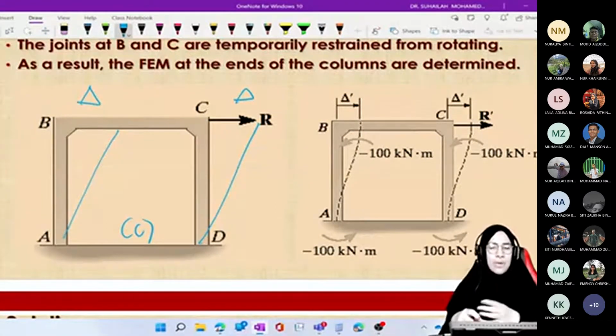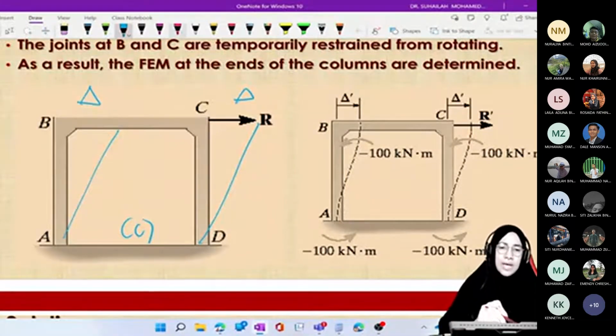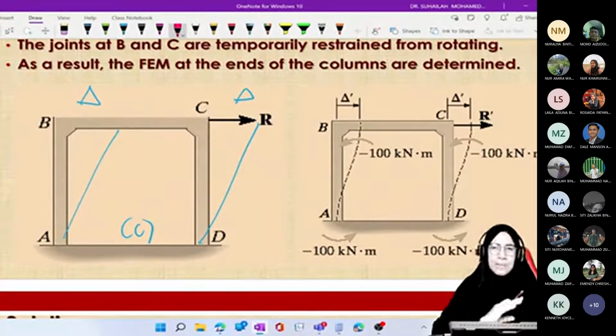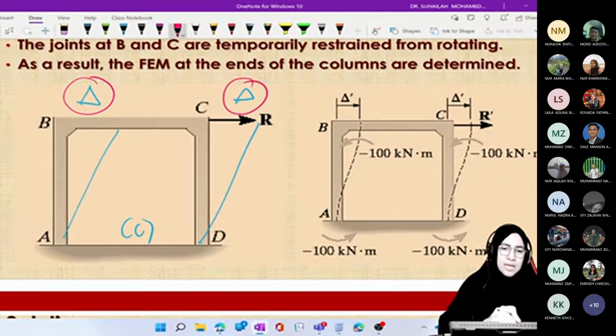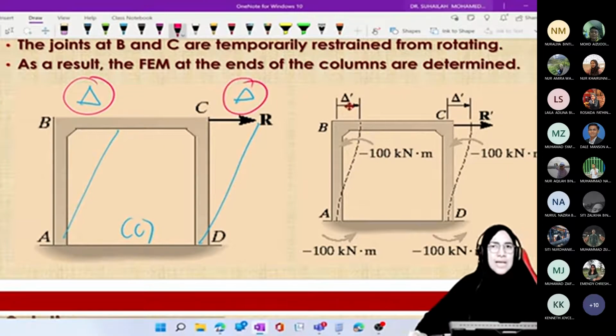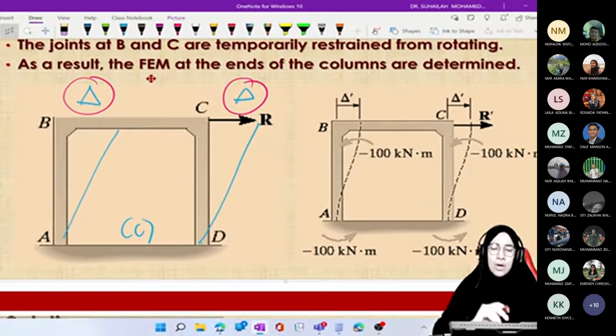Why do we have another diagram with a different label? In diagram C, this is actually the delta, and the delta is unknown. Remember I said just now, we don't need to calculate the delta value.